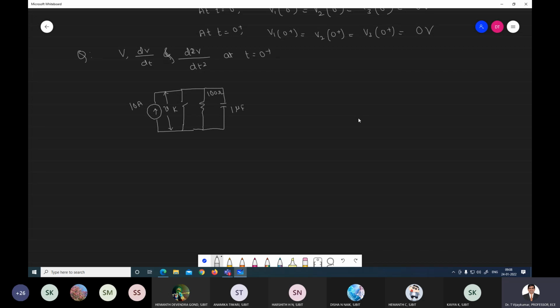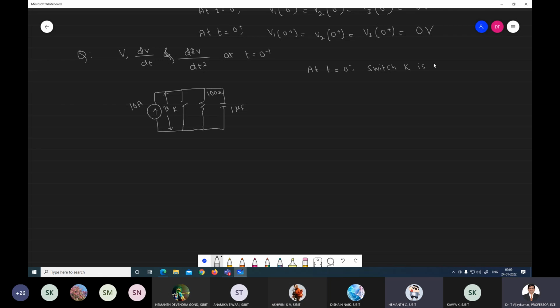So V, we can take it as the voltage across the resistor only, no sir? The resistor is parallel, so you can take the resistor or the capacitor. At t is equal to 0 minus, switch K is in what condition?